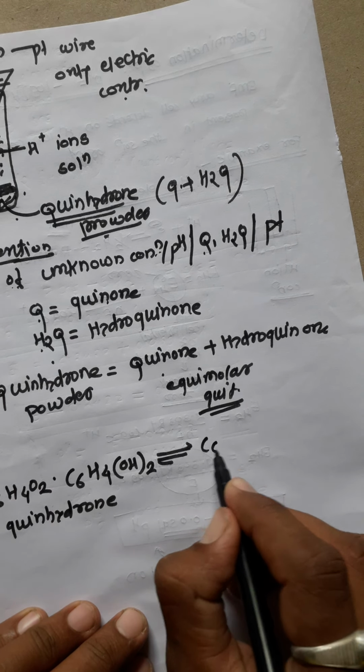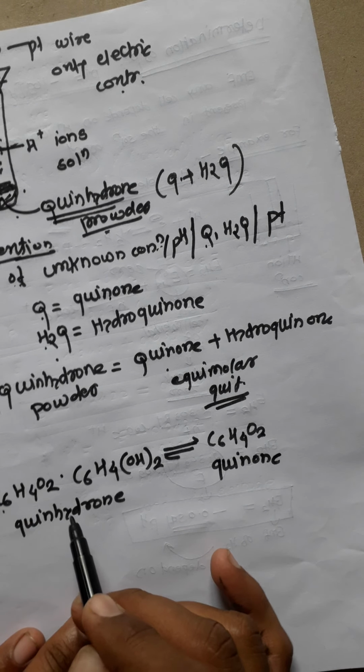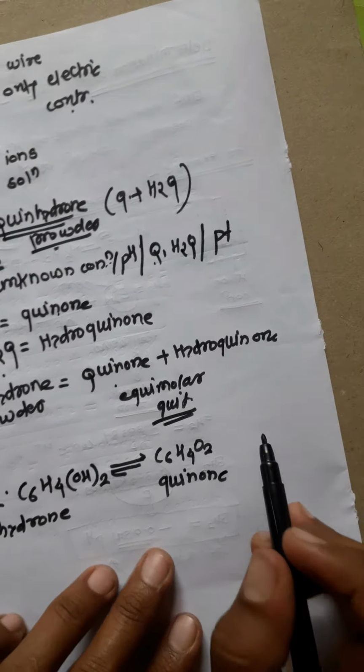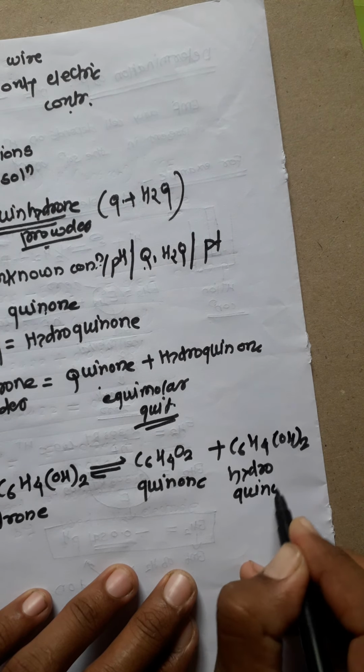See, C6H4O2, this is the quinone. Whenever the solution of this quinhydrone powder is made, it breaks into quinone and hydroquinone. C6H4O2 is the quinone, and C6H4(OH)2 is the hydroquinone.